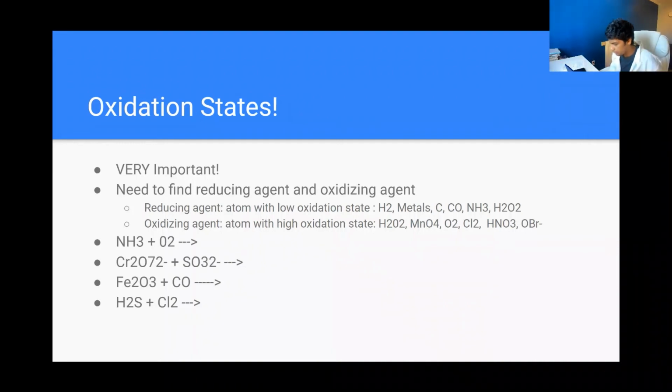So these atoms will most likely get reduced.